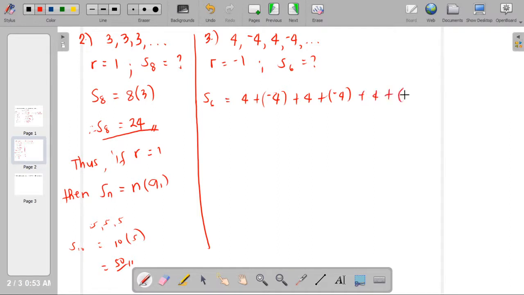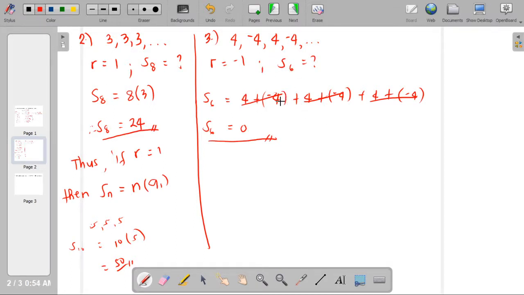Yeah, plus negative 4 again. 1, 2, 3, 4, 5, 6. 6 terms. What is 4 plus negative 4? That is 0. 4 plus negative 4 is 0. In other words, the sum of the first 6 terms is equal to 0. The sum of the first 6 terms of this is 0.